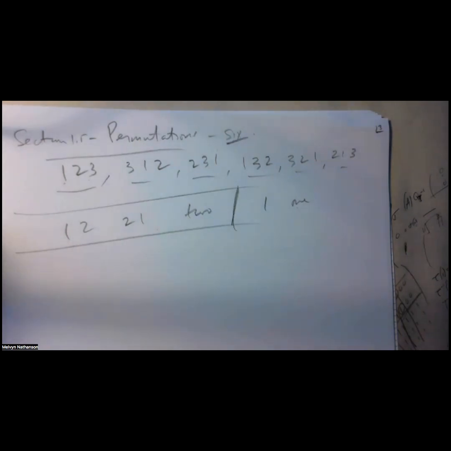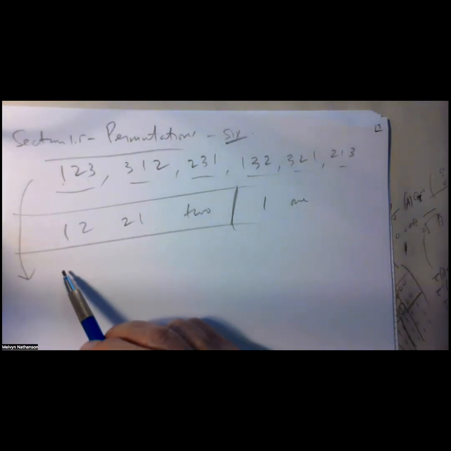What is a standard way to describe a permutation? Let's use these permutations of 1, 2, 3 as an example. We could think of it like this.